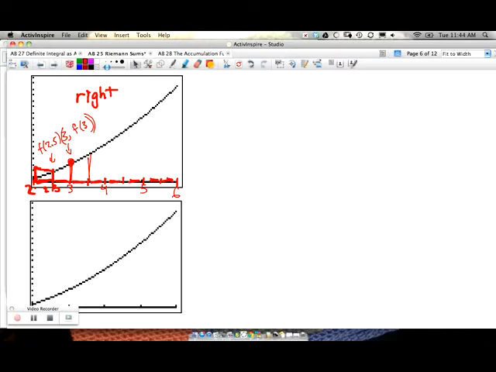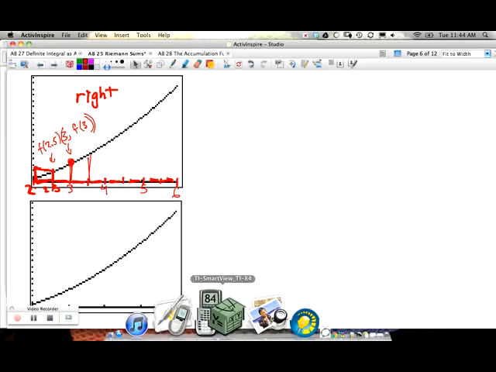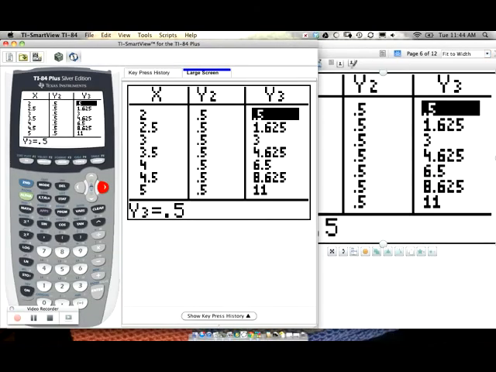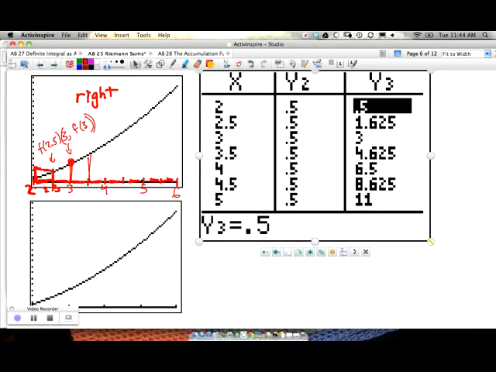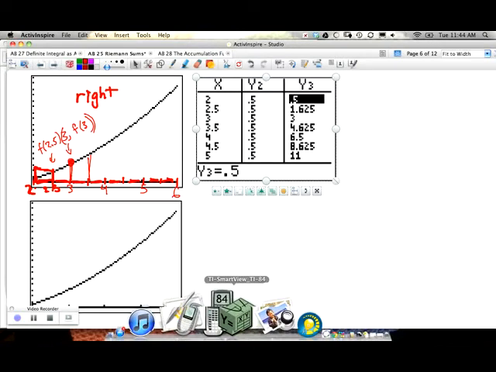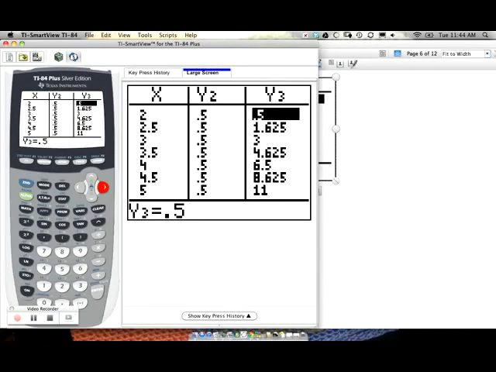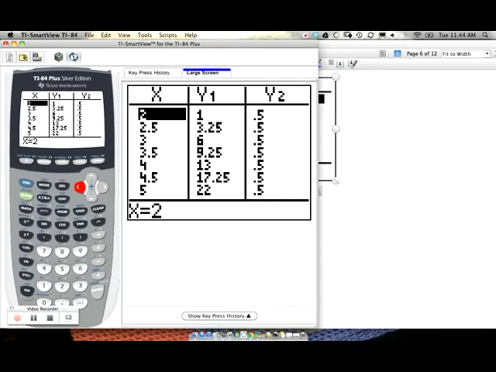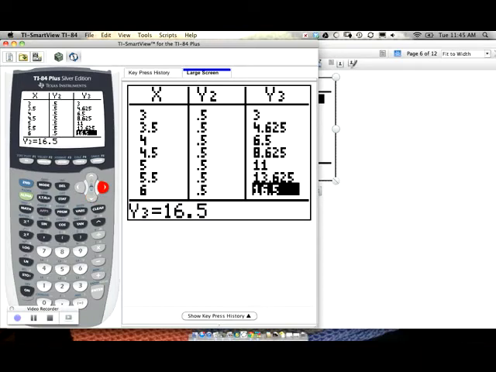So we go back to our calculator, drag this in over here, make it a little bit smaller. Then we have a couple more numbers missing, so I'll get those as well for you guys to see. 5.5 and 6. And there were those numbers there.